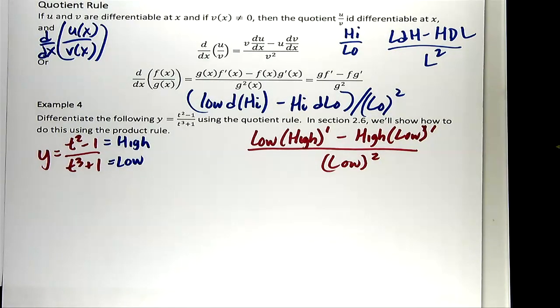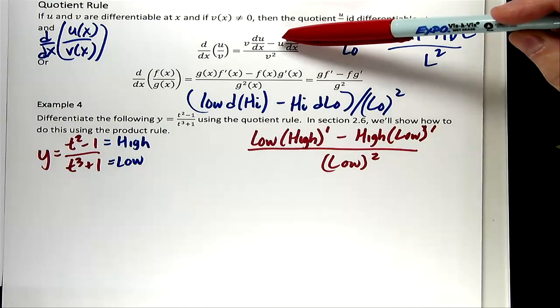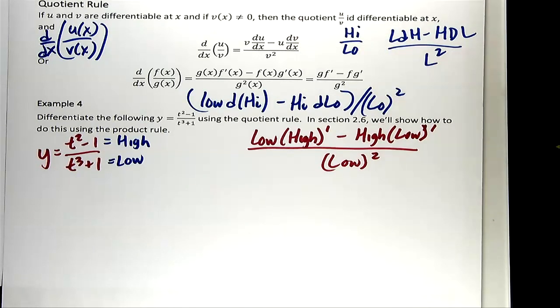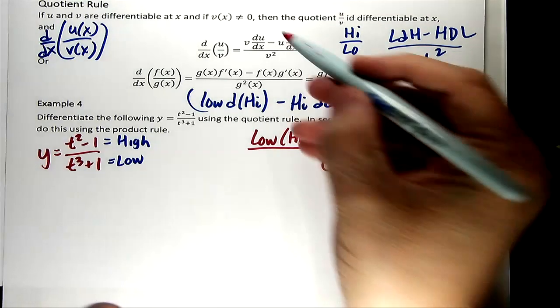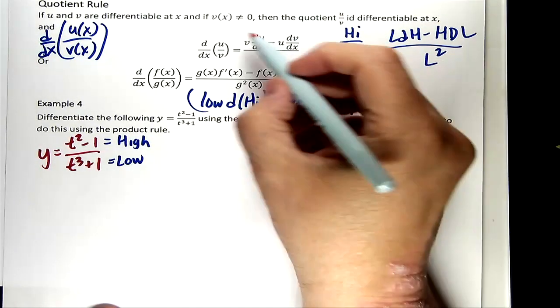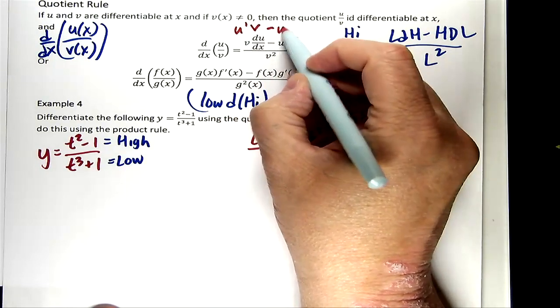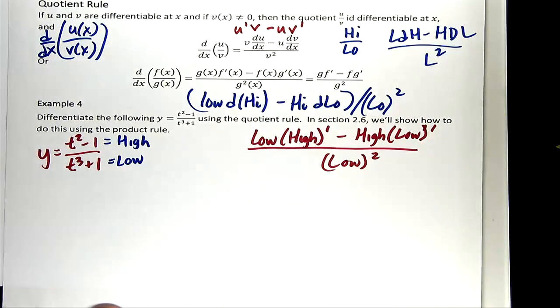Compared to the product rule, you can leave it the same, you just make that a minus sign. It's not confusing, they're the same, you just subtract. That's one way of remembering it. If I change the order of this, it looks like u prime v minus u v prime.